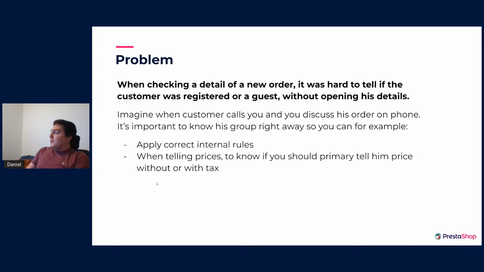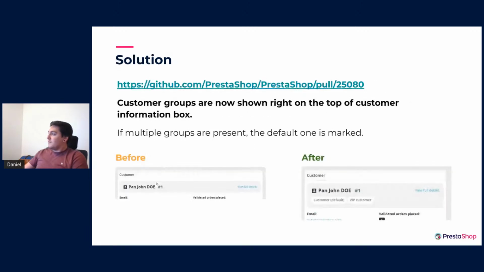So it's good when you know the groups right away, so you can immediately have in mind the right things to tell the customer without opening his page. So right now it loads the customer groups and they are shown under the customer name. If there is more than one customer group, it's marked by default.